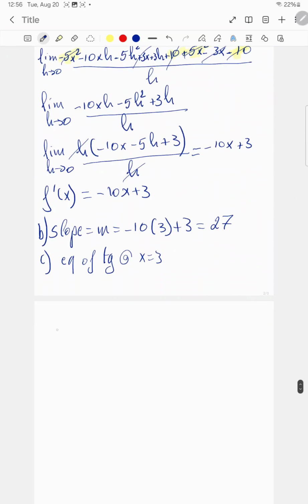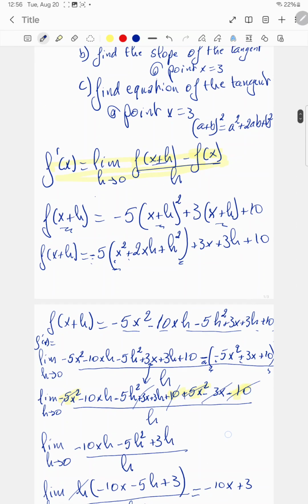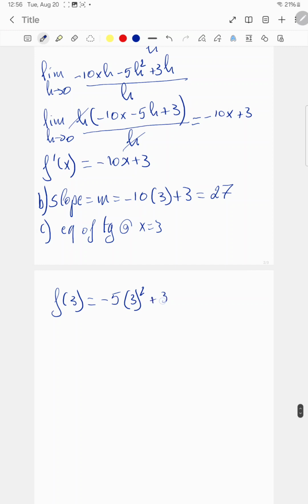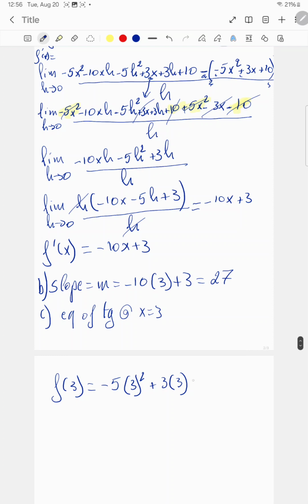So my f of 3 is equal to minus 5 times 3 squared plus 3 times 3, because x is equal to 3 in that case, plus 10.